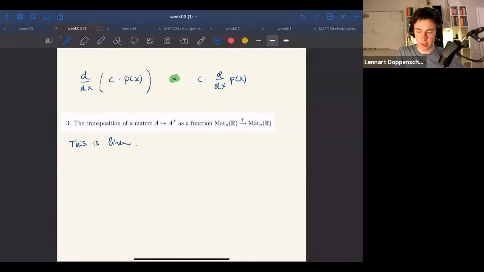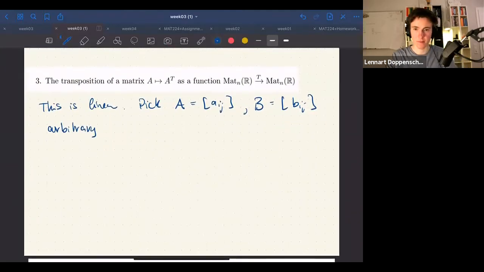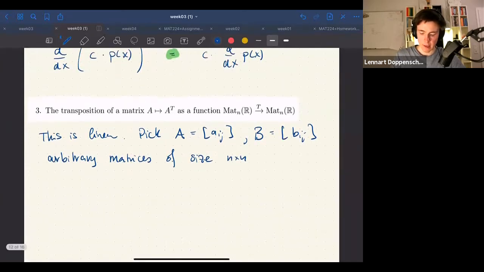And the way we can prove this is if you pick, actually, let me use the second notation because it's very similar. So if you just pick A and B, again, two arbitrary matrices, and the size should be n cross n. What I mean by this is A11 is the first entry, A12, and then so on.